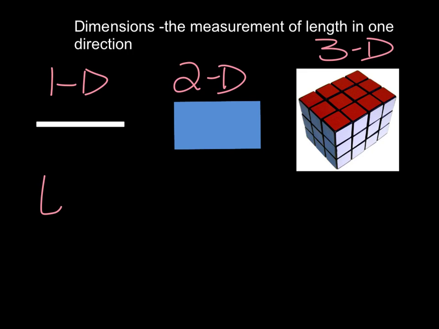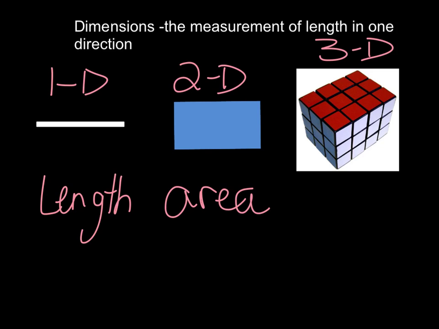Right, length. What is it called if we measure something in 2 different directions? Yep, area. And finally, what if we measure something in 3 different directions? Right, volume.